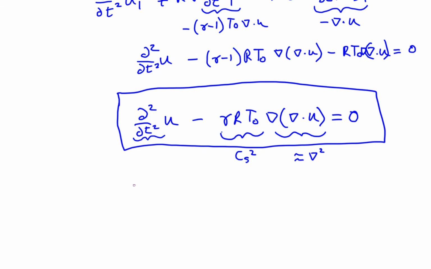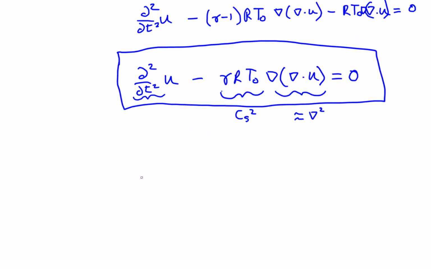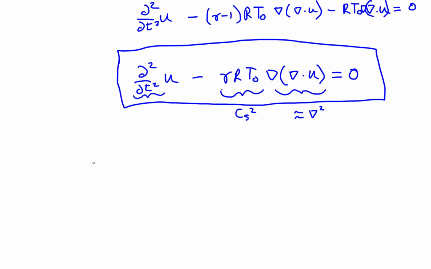To double check that this yields the same solutions, let's calculate the dispersion relationship. So we'll take, again, that we have our linearized perturbations u1, and that this scales as e to the I omega t minus I k x.